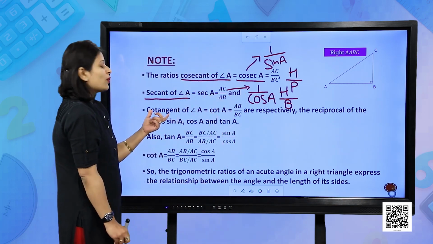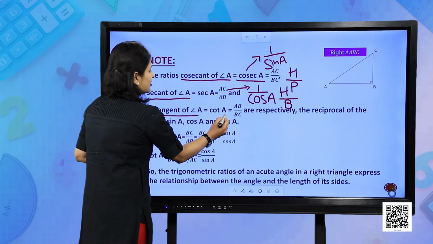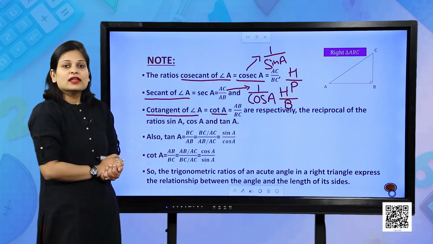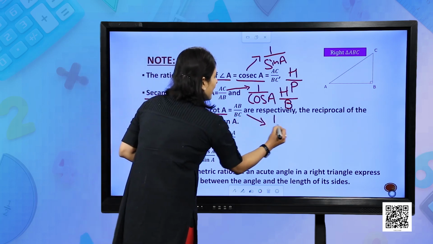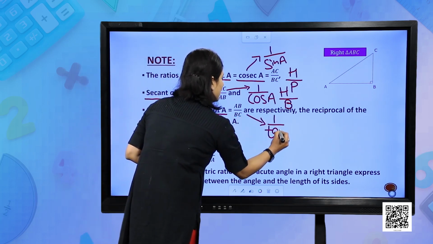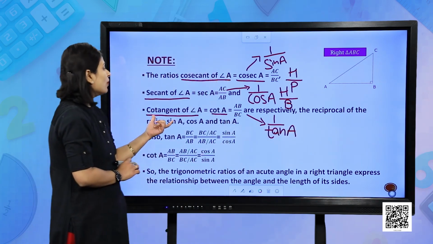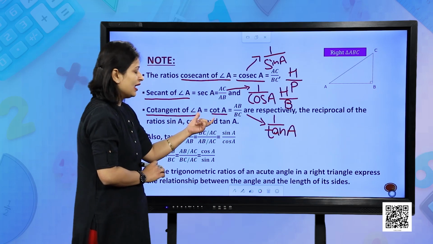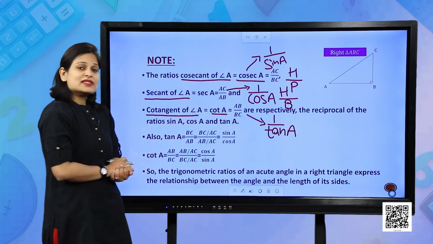Now comes cotangent of angle A, which we usually write as cot A. This is the reciprocal of the tan function, 1 upon tan A. Cotangent of angle A will be AB upon BC.